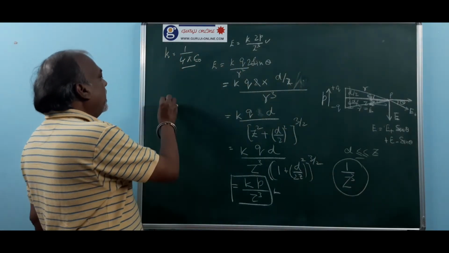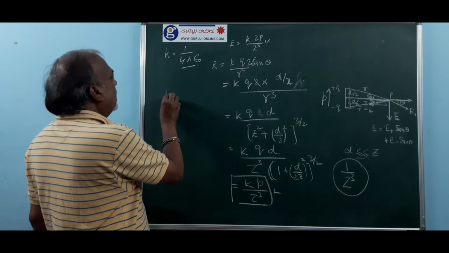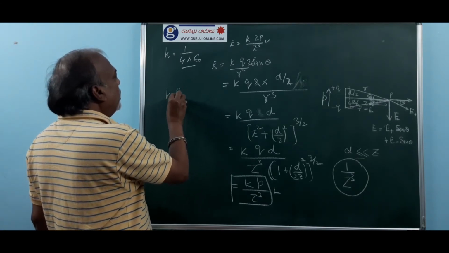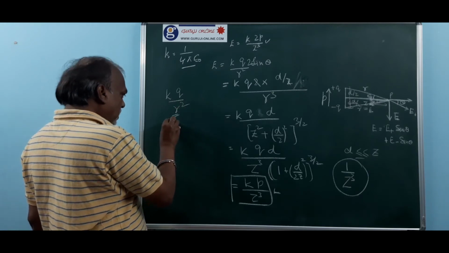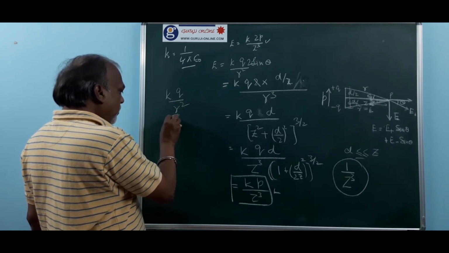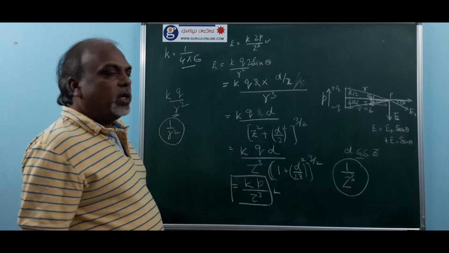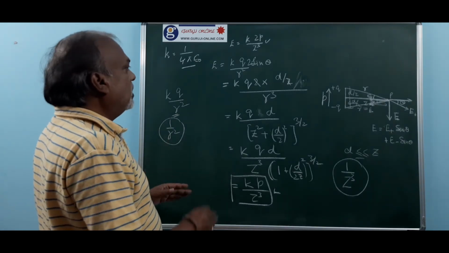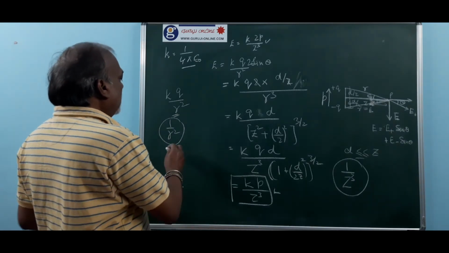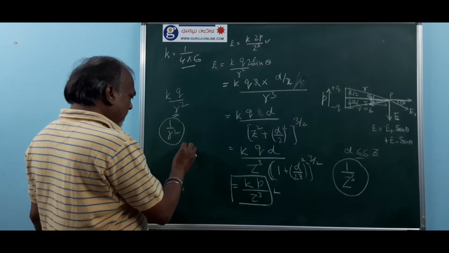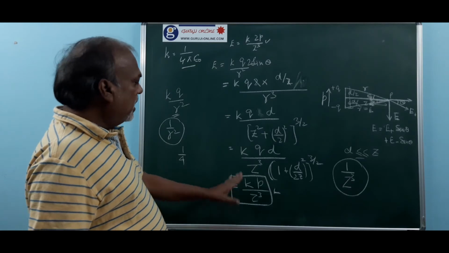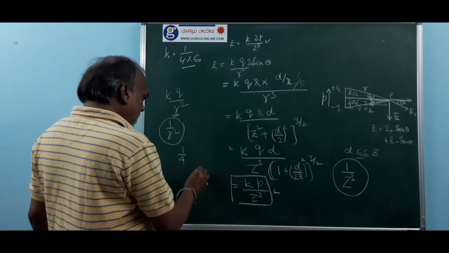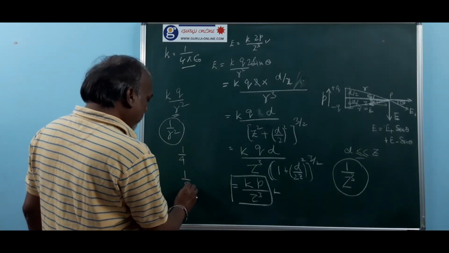That's why in case of isolated charges, you have seen it is KQ upon R square. It varies with the factor 1 by R square. Suppose if you just double the distance, the electric field will be less by 1 by 4. But if you double the distance here, electric field will be less by 1 by 8.